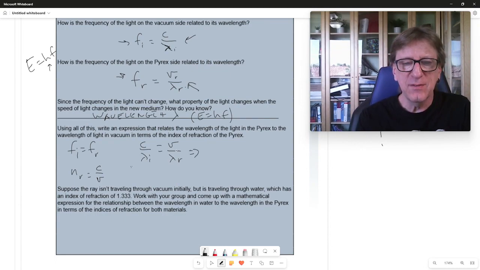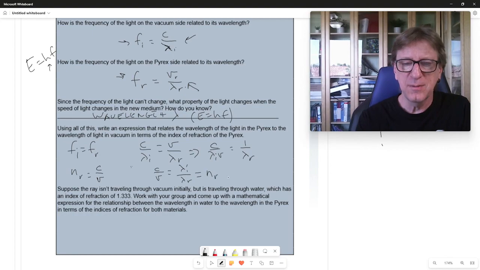So if I divide through by v on both sides, I get c over v lambda_i equals 1 over lambda_r. Let's multiply my lambda_i up here, and that gives me c over v equals lambda_i over lambda_r, and that, of course, is equal to n.